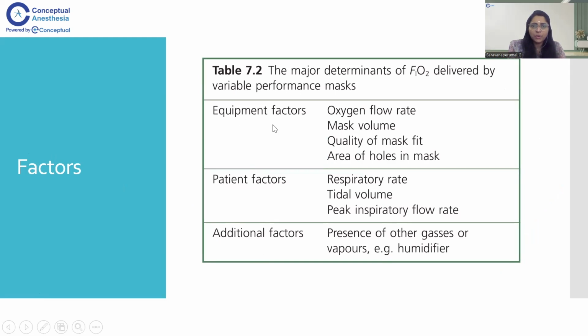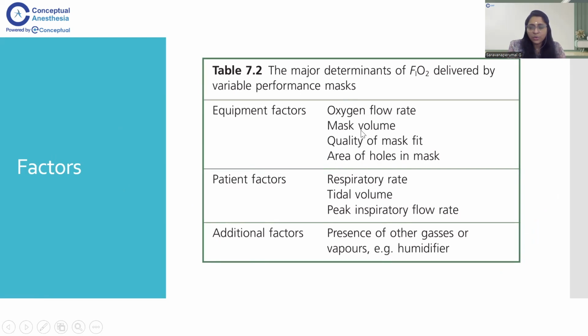The equipment factors are how much oxygen flow rate you have kept, what is the mask volume or the capacity of the device, how good is the fit of the mask to the patient, and what are the areas of holes in the mask. Suppose your oxygen flow rate itself is very less, or the oxygen got disconnected, then obviously your FiO2 will be very, very less. And how much is the mask volume?